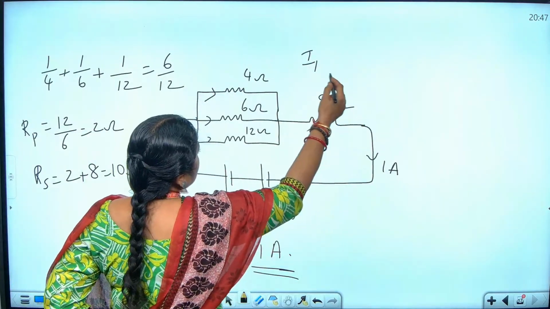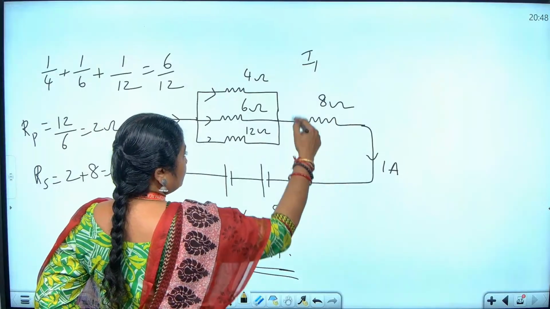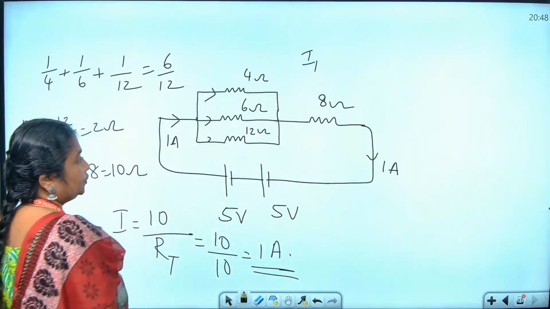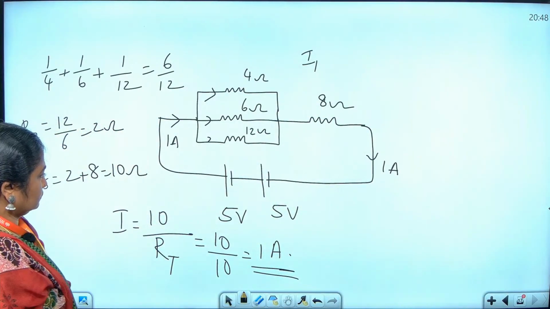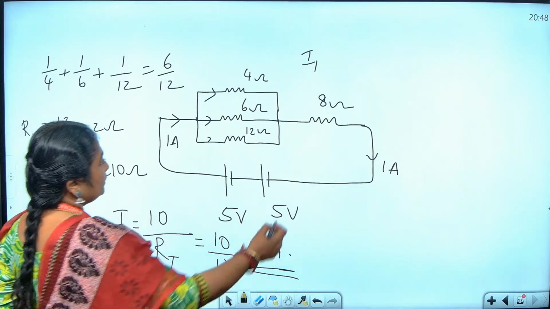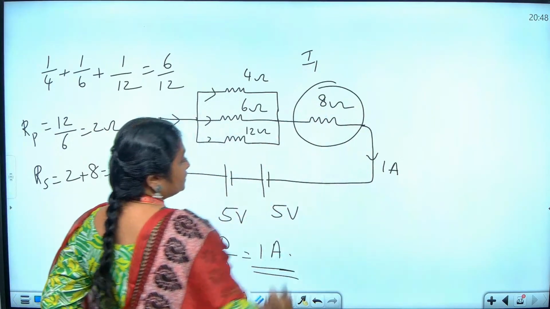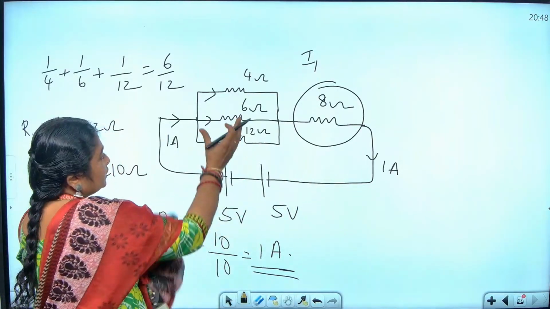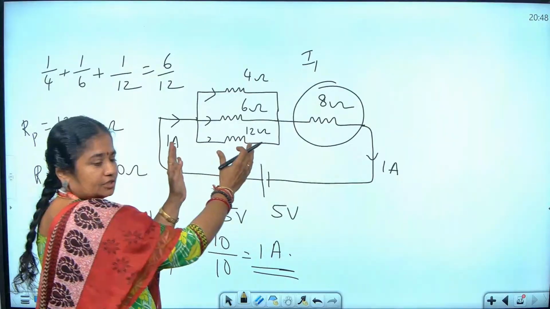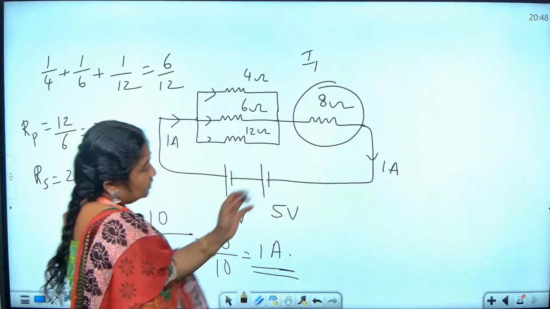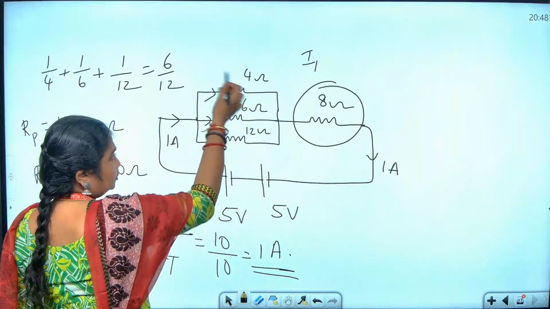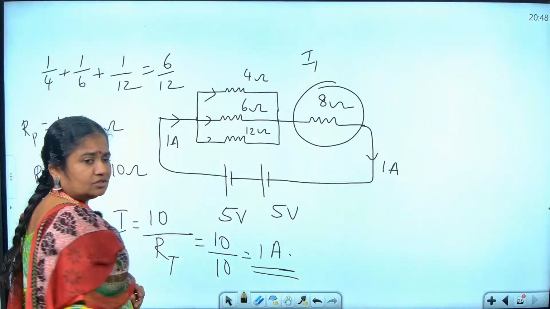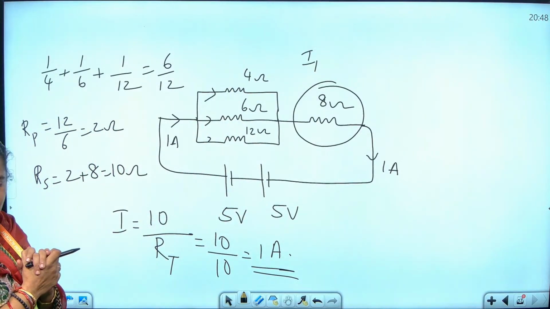I1. Now what will be the voltage drop across this 8 ohms? What will be the voltage drop across this 8 ohm resistance? In the 10 volt circuit, how does it split? One portion of the potential difference you will get here, another portion there. If you know one portion, you can calculate the potential across this particular combination.